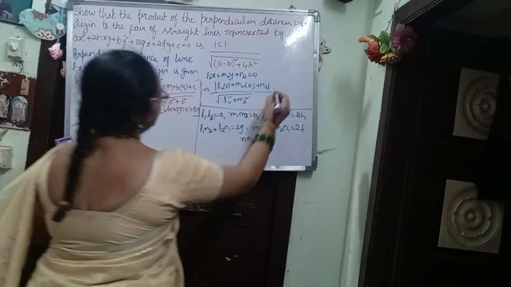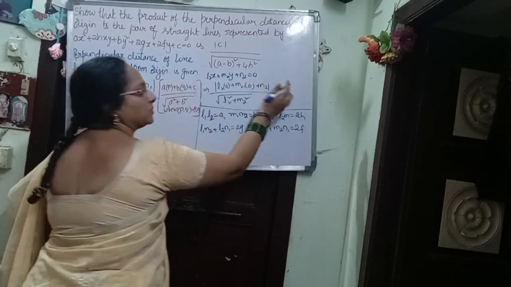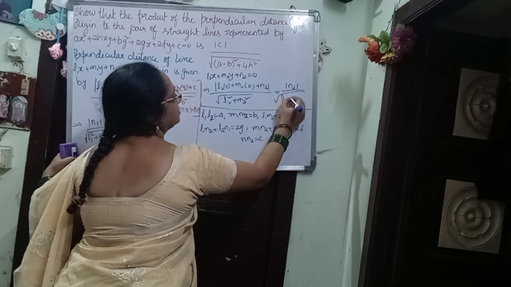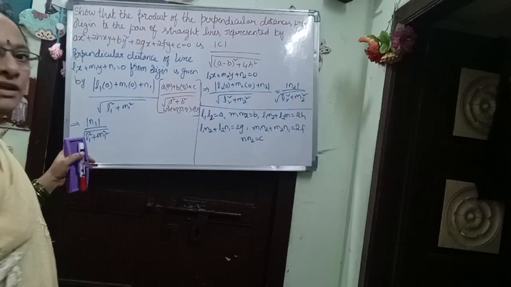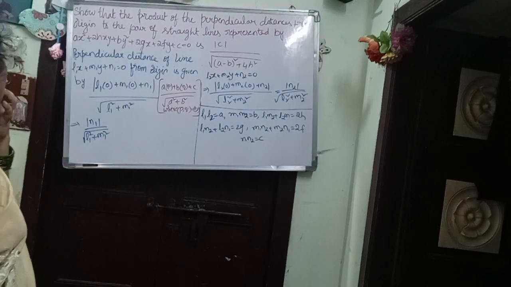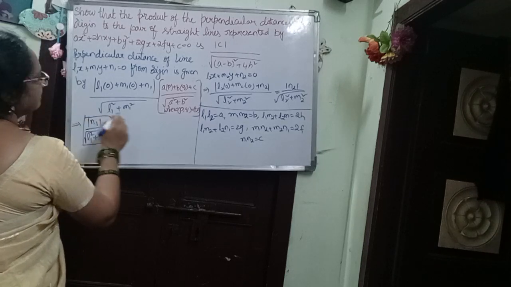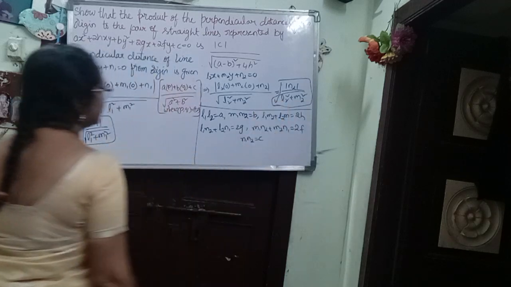This becomes 0, this becomes 0. What is left? N2. So mod N2 by root of L2 square plus M2 square. So here what we got? This is the perpendicular distance of one line, and this is the second line's perpendicular distance.